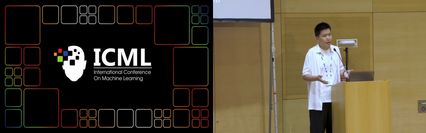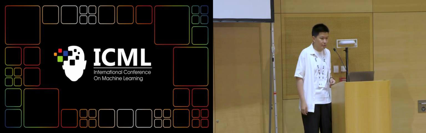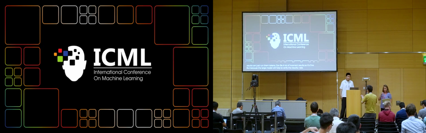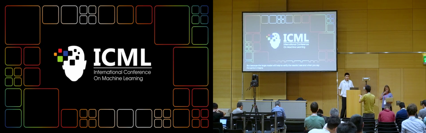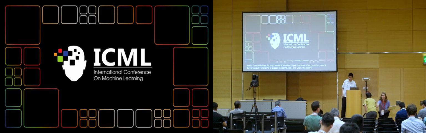It can be a lot of incorrect results, but that's fine because the large model will help verify the results. I see. And when you say the same, it means the output is exactly the same? Exactly the same. I see. Okay. Thank you.